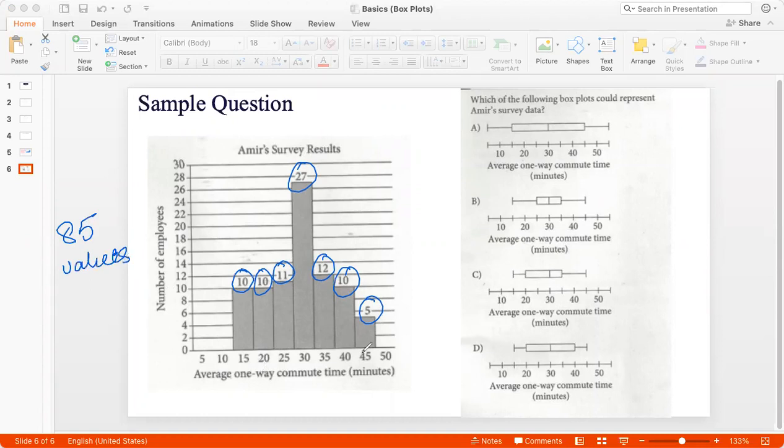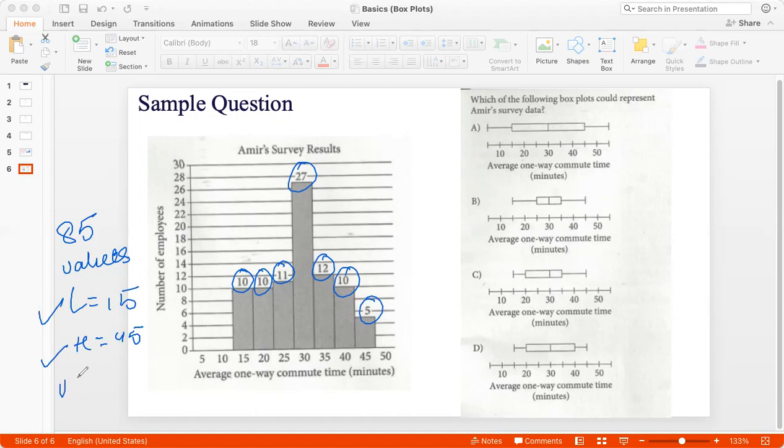Going from 15 to 45. So my lowest is 15 and my highest is 45. Now, if you notice, 15, 45, 15, 45, 15, 45, and 15 and 45. All the four have the same lowest and highest value. So that doesn't help me.